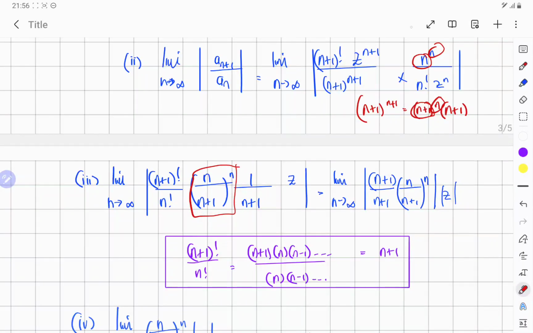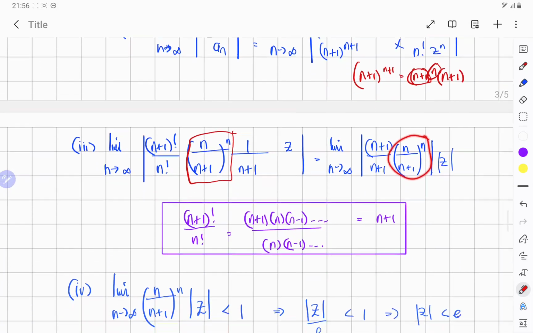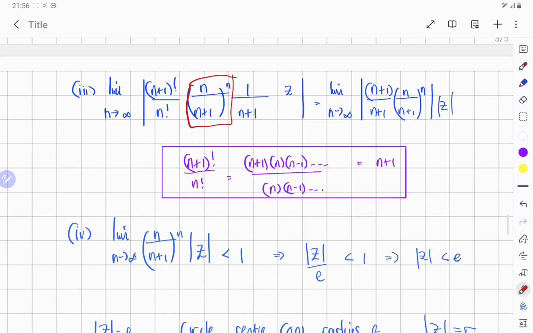But most important, don't forget, z to the (n+1) divided by z to the n is z. And since it is independent of n, I can separate my fraction, and I can even put that absolute value of z on the outside.